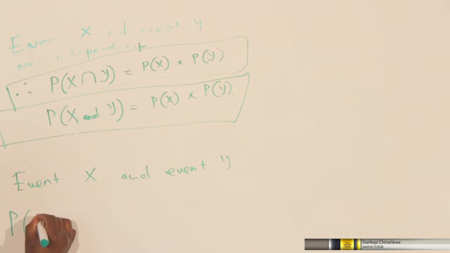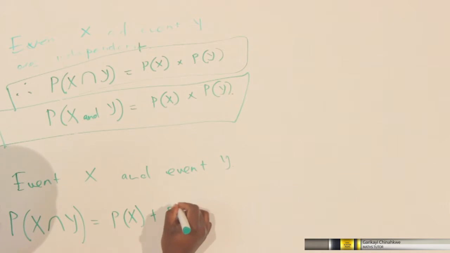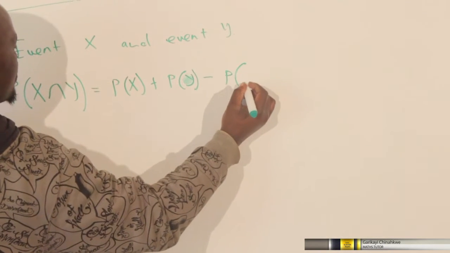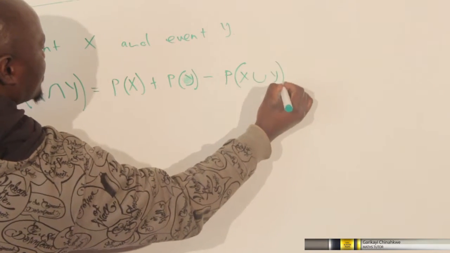Probability of X intersection Y is the same as probability of X plus probability of Y minus probability of X union Y. Okay.